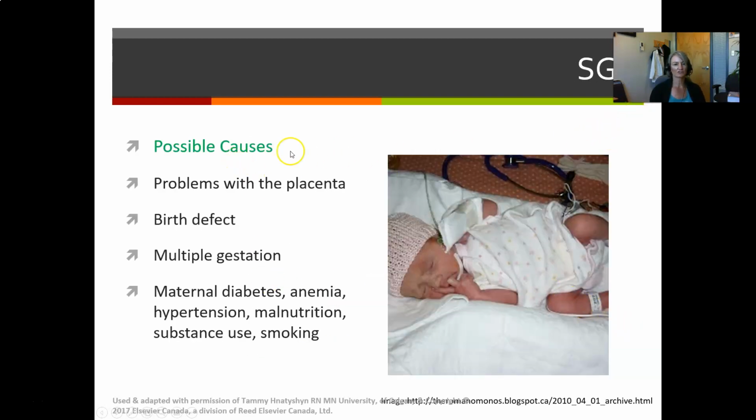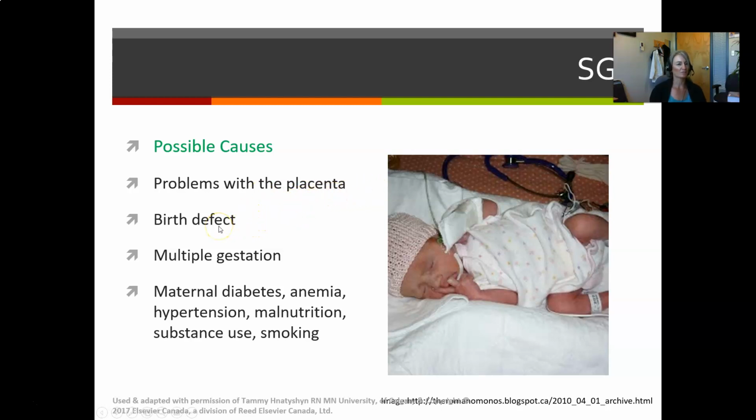So small for gestational age newborns. We've got to start thinking with our nursing critical thinking cap. We've got to start saying, why is this infant small for gestational age? What were some of the underlying conditions or factors that were going on that might have contributed to that? So was there a problem with growth and development because of blood flow? Anything that can impact blood flow in the placenta can cause small for gestational age.